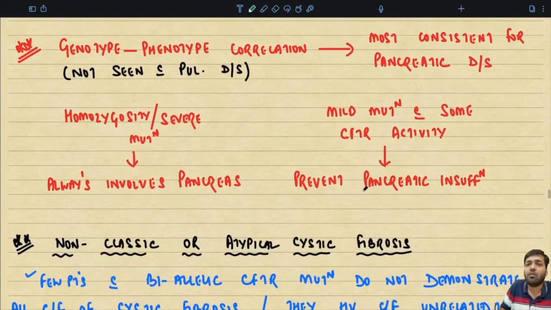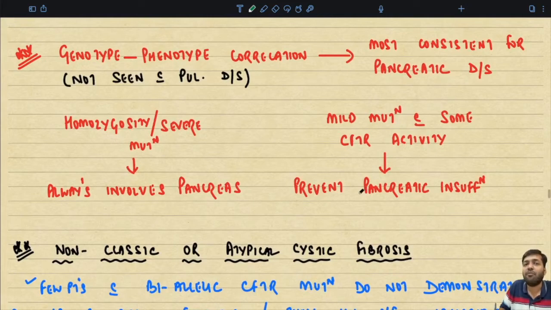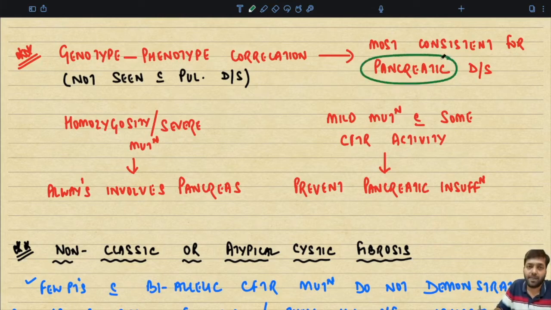There is also one important thing, the genotype-phenotype correlation. It is most consistently seen for pancreatic disease. Those individuals who are homozygous, where both alleles are severely involved, will always have pancreatic involvement.